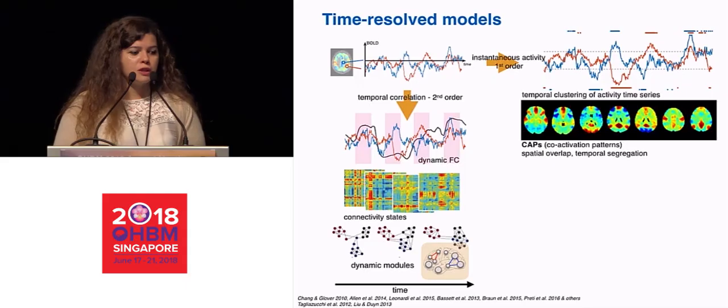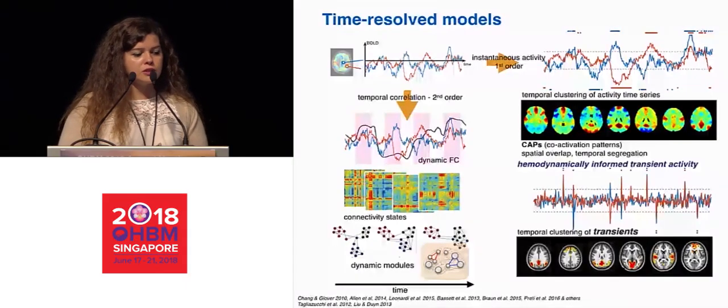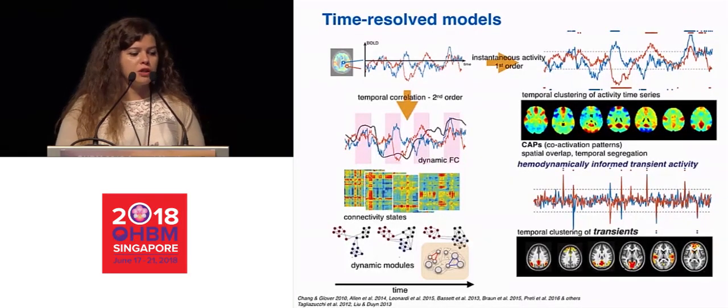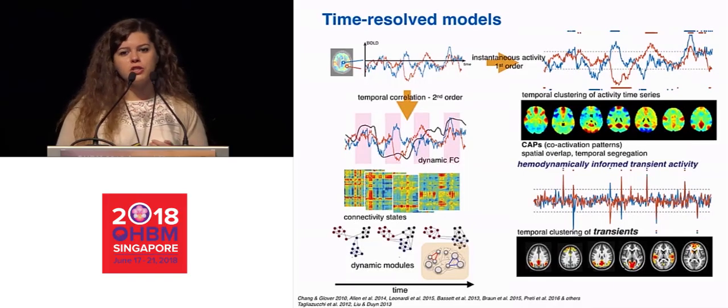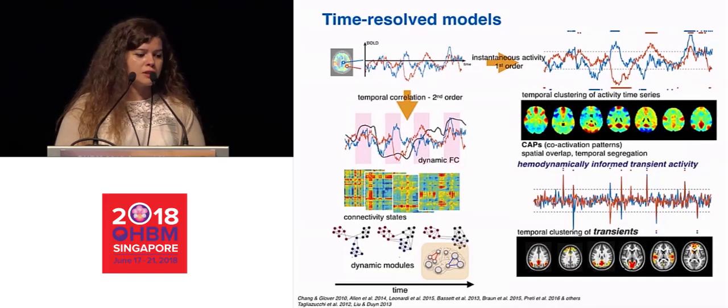What we try to contribute in this field is adding hemodynamic information into this model. Everybody knows the hemodynamic response function is in the generative model of the fMRI signal.